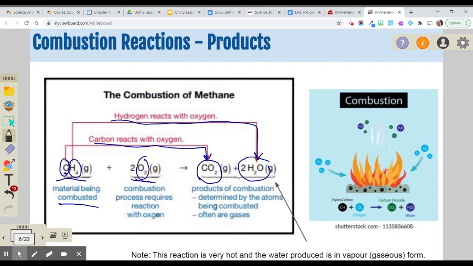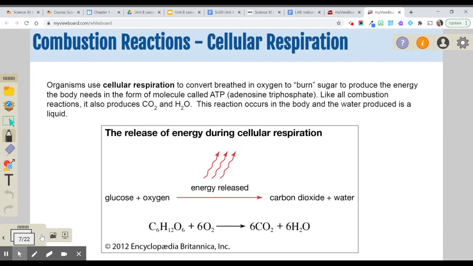All right. So the next thing we're going to have to do, now that we know what combustion is, is some balancing of these formulas. Okay, before we jump to the balancing though, I just want to point out that cellular respiration looks a lot like combustion. It's basically the same reaction, but it's happening inside the cell.